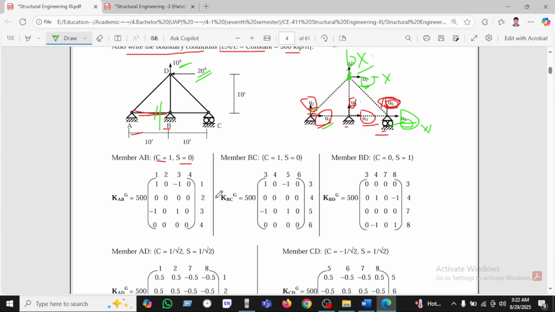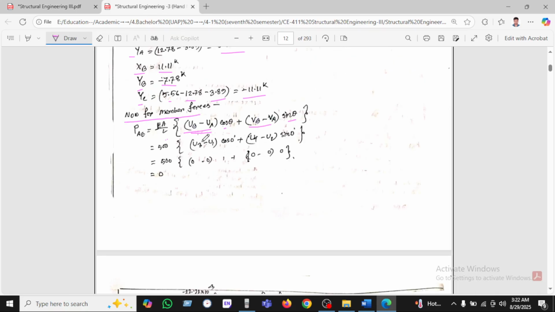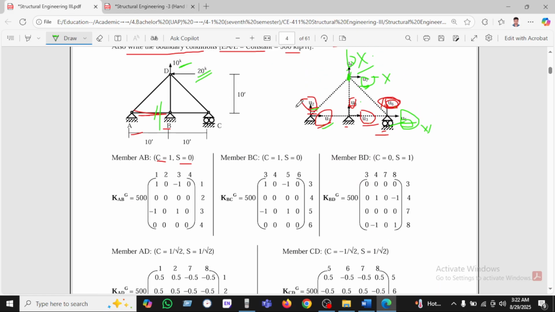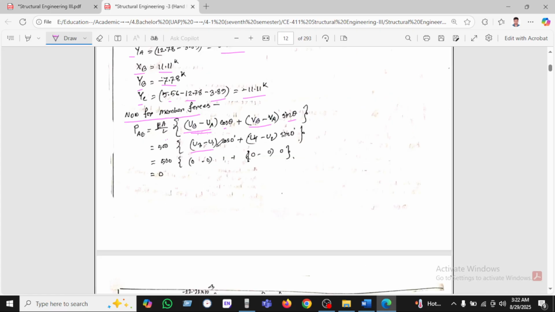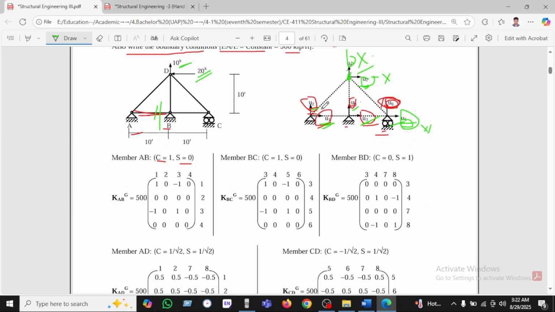We have already calculated UB minus UA, which is U3 minus U1. Where is U3? This is U3 minus U1, times cos theta, and U4 minus U2. This is the U4 minus U2.